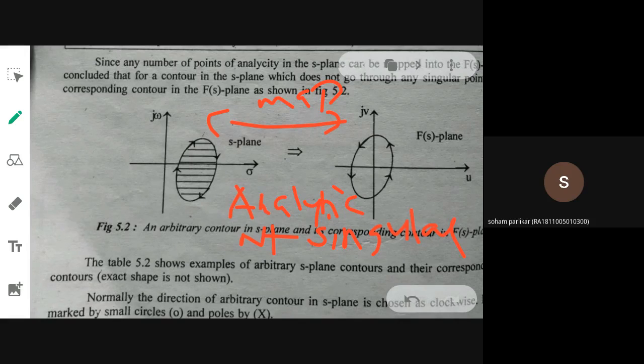Now I'll tell you what is analytic. All the points in the S plane should have a function and derivatives. If functions and derivatives exist, then those points will be called analytic points, and they will not be called singular points.